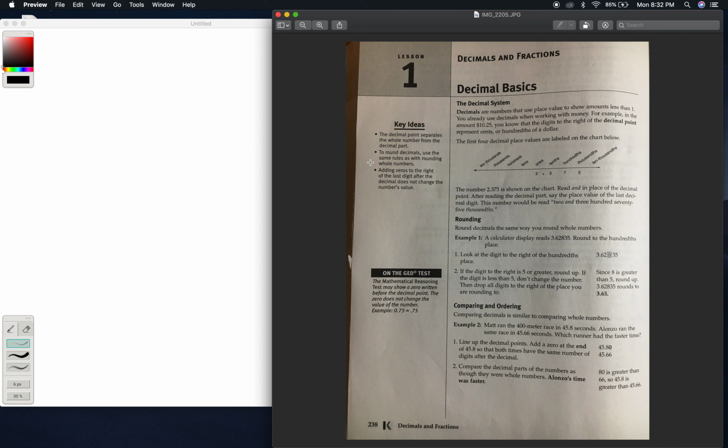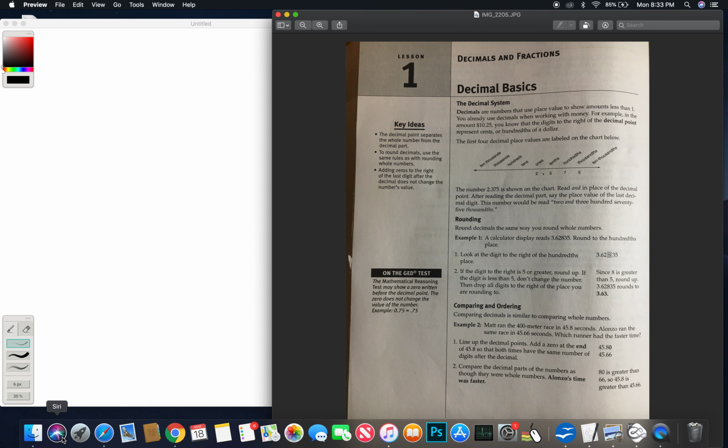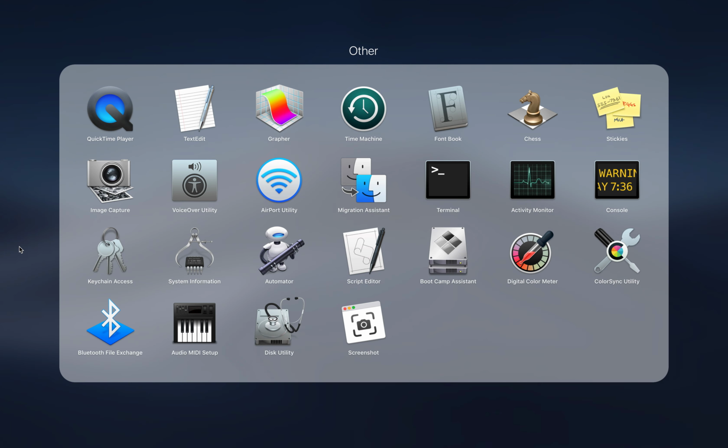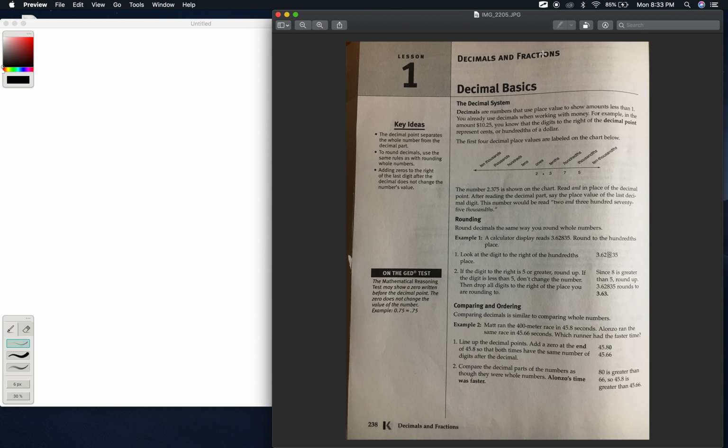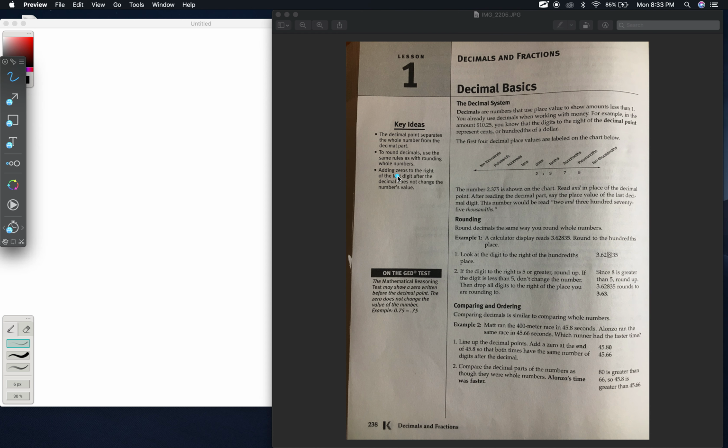Adding zeros to the right of the last digit after the decimal does not change the number's value. Okay, so those are some key ideas there.